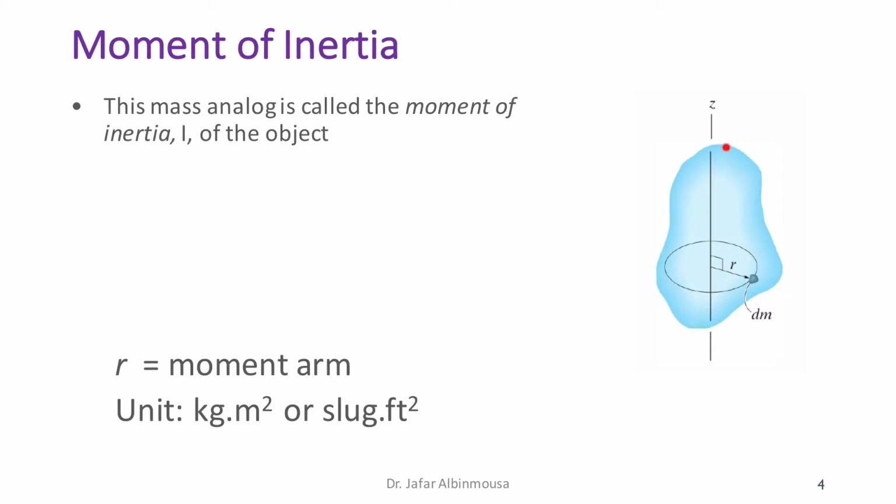So if we have this rigid body, and we take an infinitesimal mass dm over a distance r, then the moment of inertia is defined as I, which is equal to the integral over the mass r square dm, where r is the moment arm, and you should know that the unit of the moment of inertia is kilogram meter square or slug feet square.